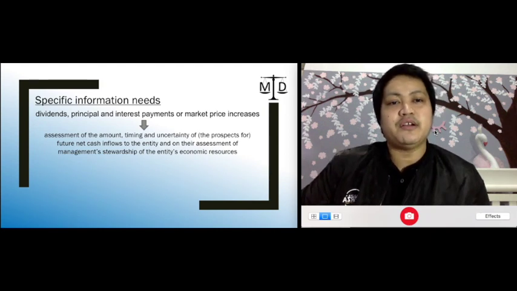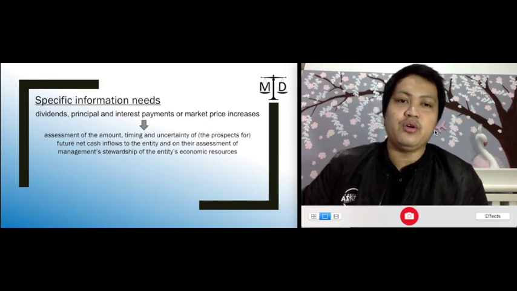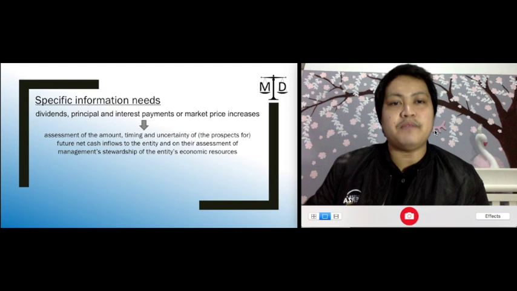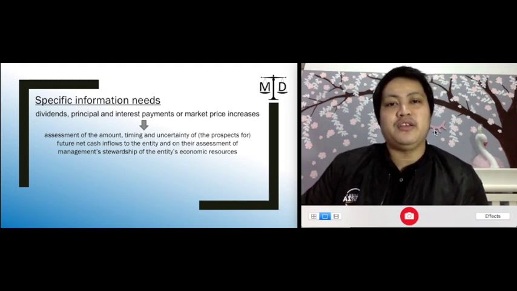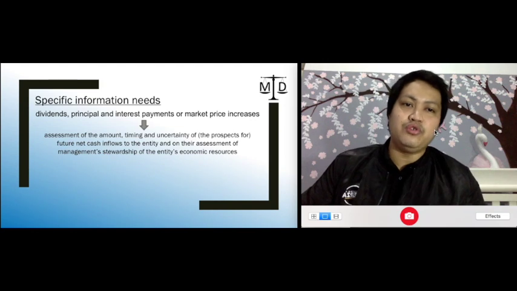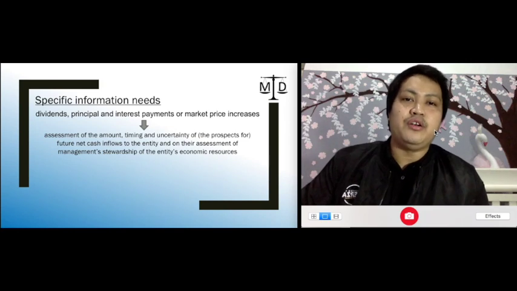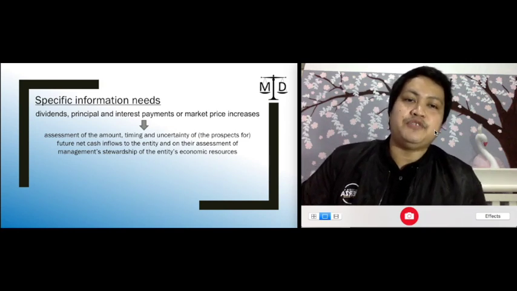Another thing is that financial reports, although this is not the primary goal of financial reporting, tend to give a picture on the effectivity of your management. If the entity is not doing well based on your financial reports, then definitely that is not a good reflection on the ability of your management.